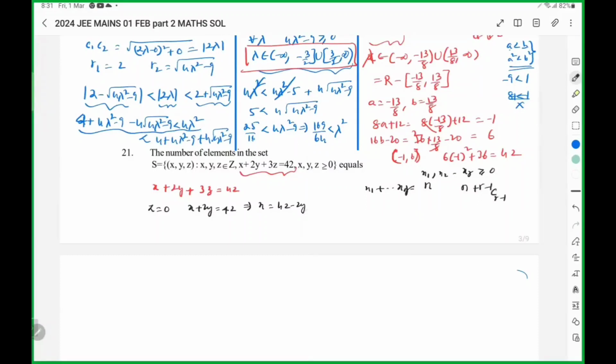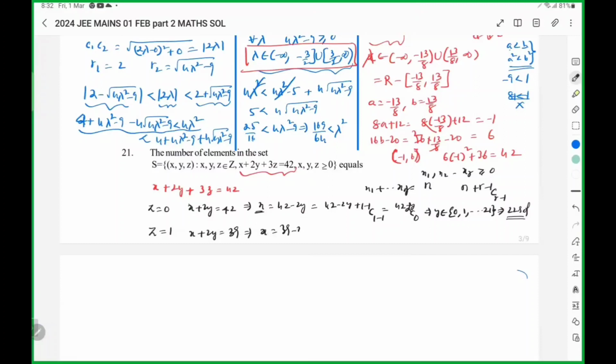So here it is 42 minus 2y, only one variable, n plus 1 minus 1 C 1 minus 1. So it is defined for y belongs to 0, 1 to 21, which implies 22 solutions. Z is 1: 42 minus 3 will be 39.